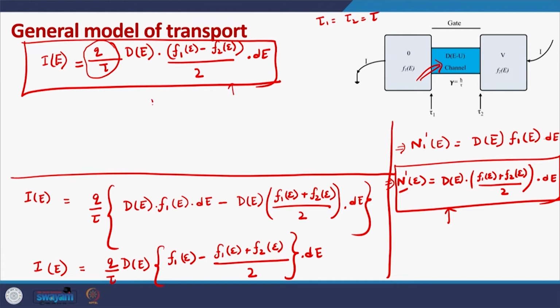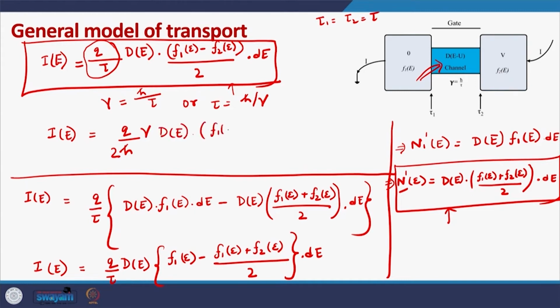This tau, as we know, has a relation between gamma and tau: gamma is h bar by tau, or tau can be written as h bar by gamma. So, this I(E) can be written as q by h bar, gamma dE times (F1(E) minus F2(E)) dE.